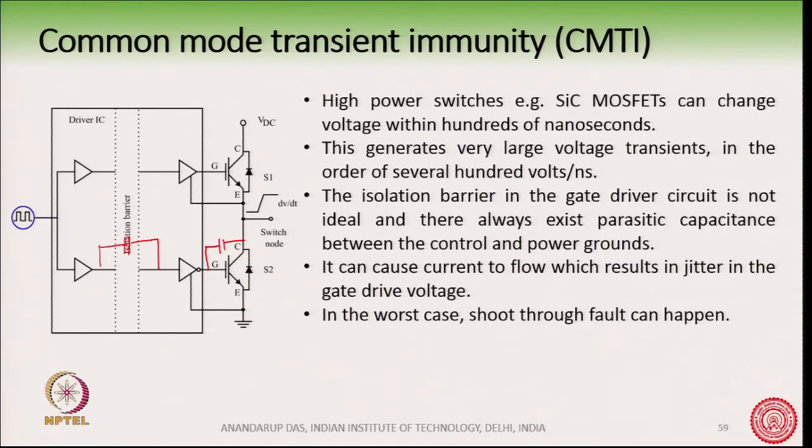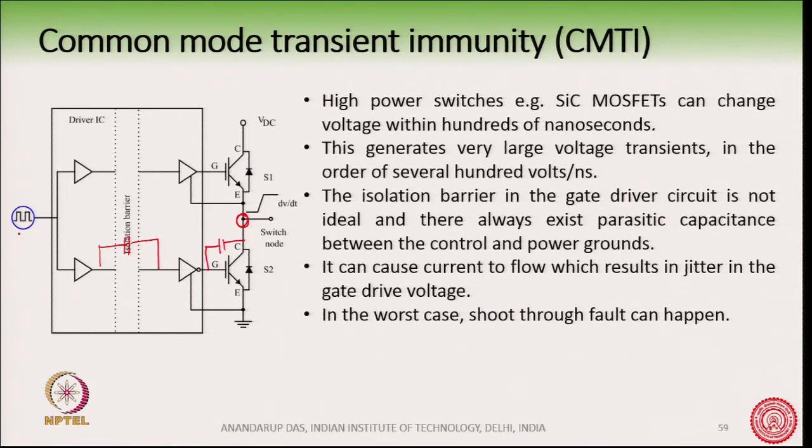So, what happens is that when there is a high dV by dt at this point, the circuit gets a path through these parasitic capacitors to flow towards the control side.